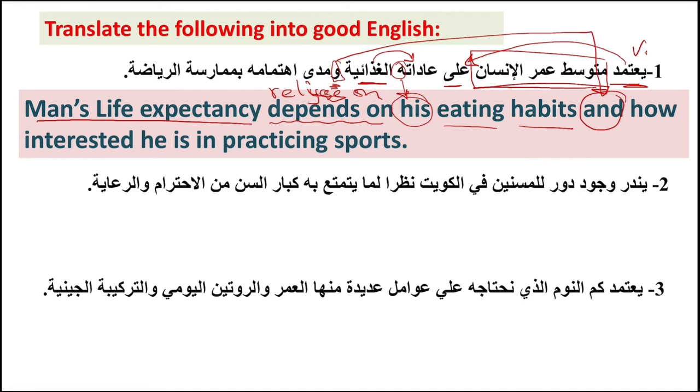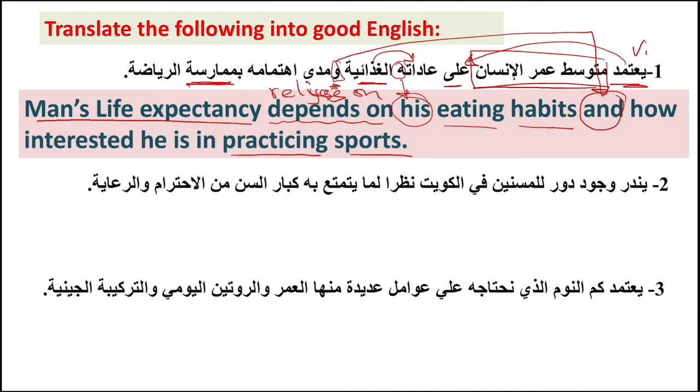This is مدى اهتمامه. How interested, and then he is, because I'm talking about man, in practicing sports. Now here it's not a verb, ممارسة, so I'll make it practicing and sports in general, right? So it's going to read like this: Man's life expectancy depends on his eating habits and how interested he is in practicing sports.